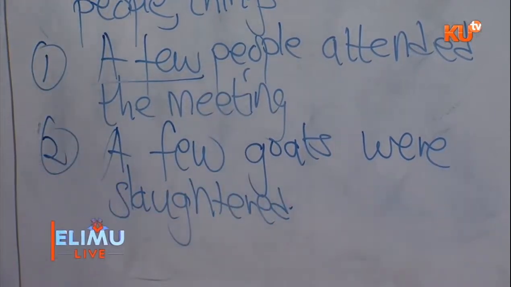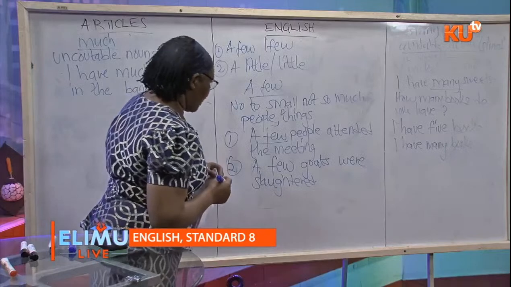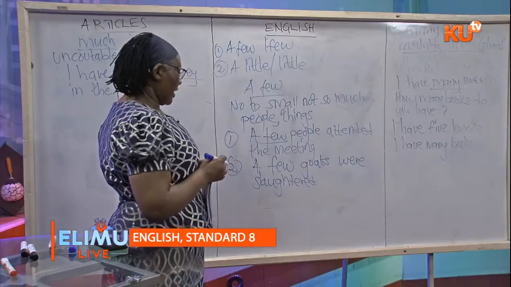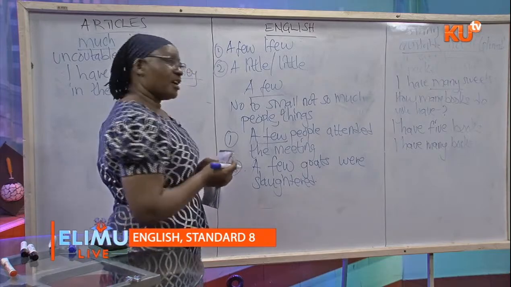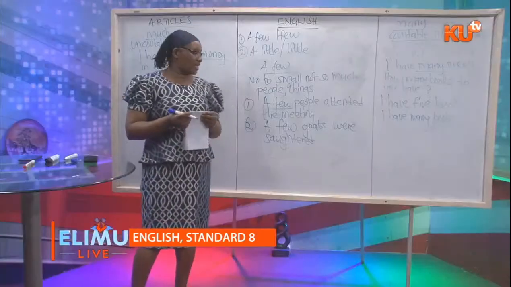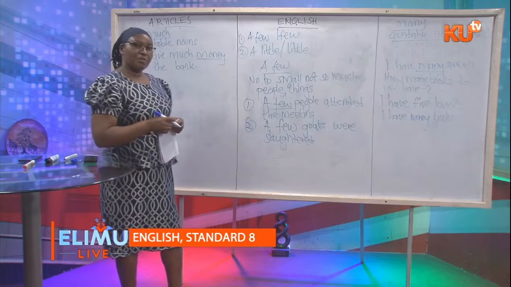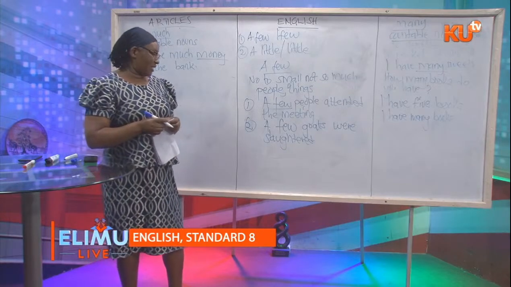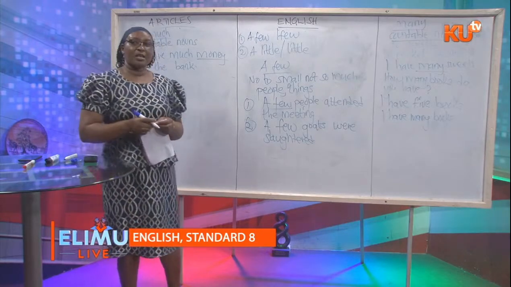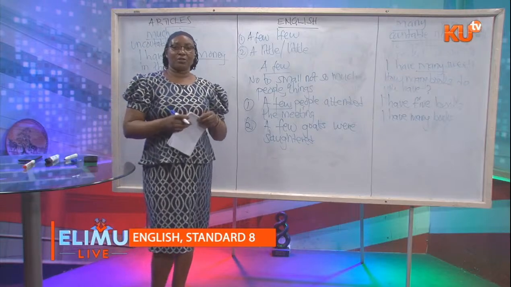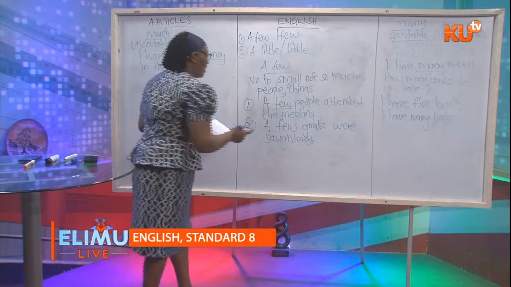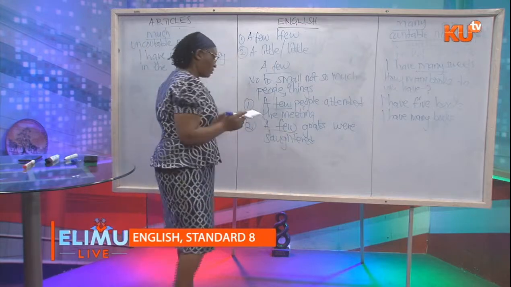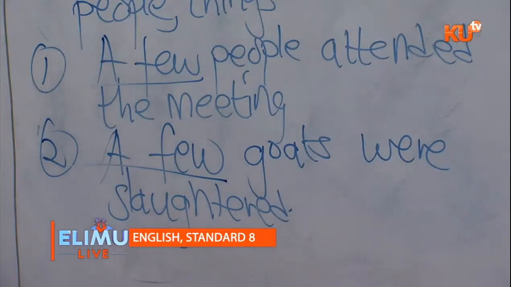Maybe there was a party and you had expected to have very many people, like maybe 300 persons to attend a party, but maybe only 100 people attended the party. So you reduce the number of goats that were supposed to be slaughtered for the party. Then you only slaughter a few of them. You spare the rest. Okay, so that is the use of the word a few.